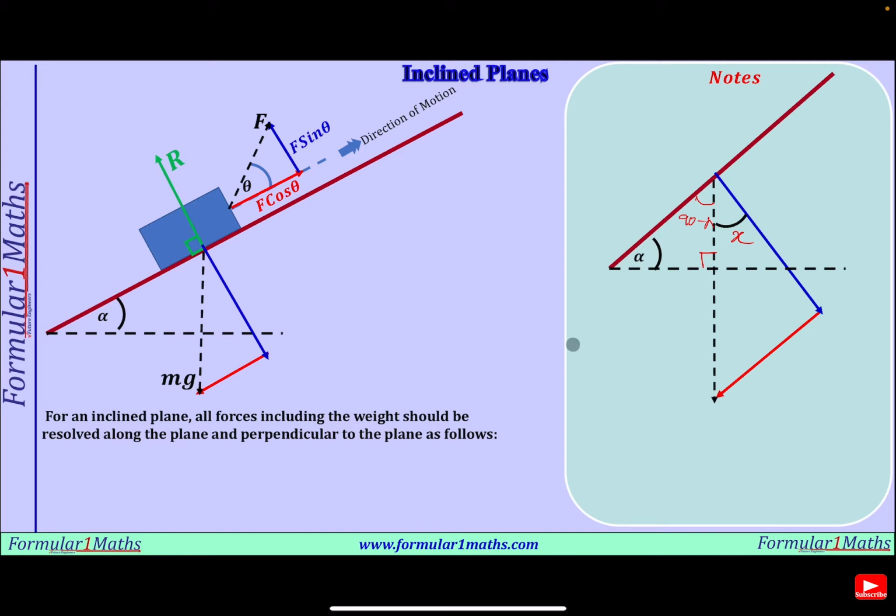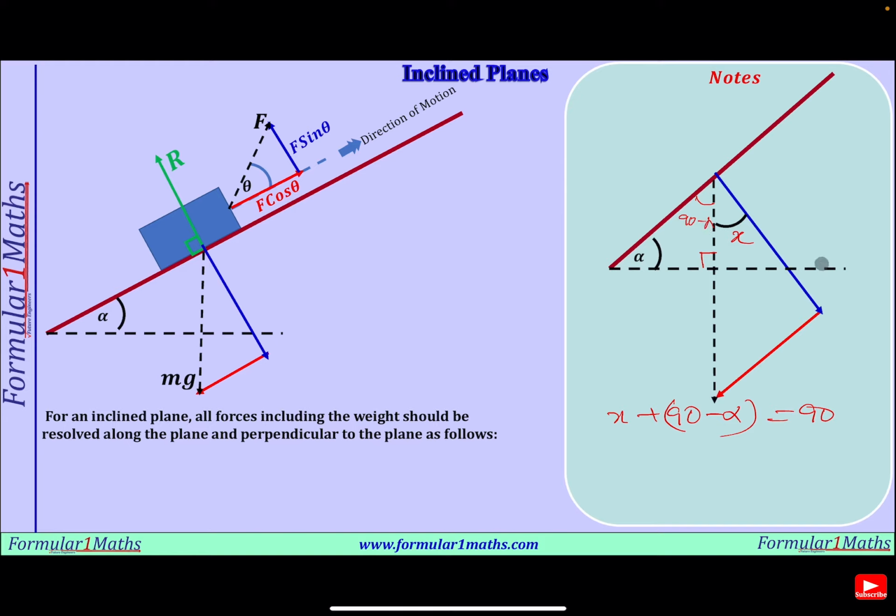And because this here and the blue line are perpendicular, we can also say that x plus 90 minus alpha is equal to 90, because, again, this is 90 degrees. So this plus that is equal to 90. So x is here, and this angle is 90 minus alpha.